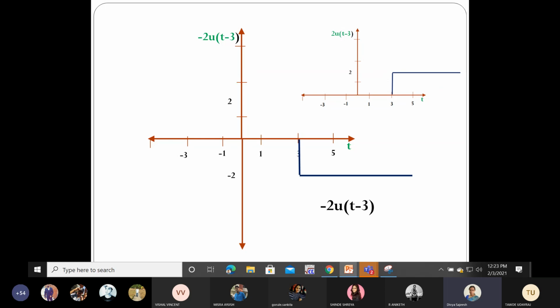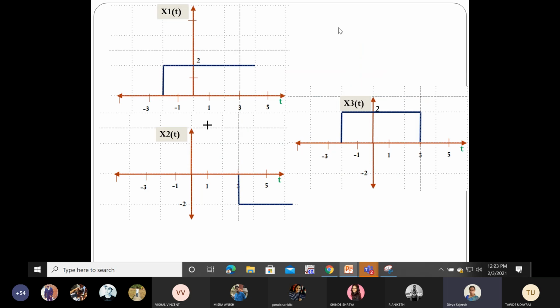So finally these are the two signals x1(t), x2(t) which we derived just now, and you have to add them together. So for addition of signals, you have to take the interval by interval. So from minus 2 till plus 3, only the first signal exists. So its amplitude will be 2. Now after 3, what happens?